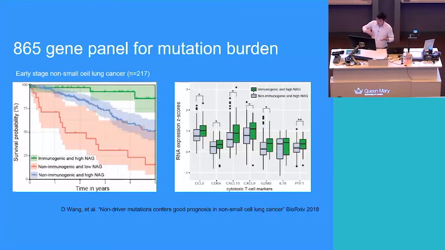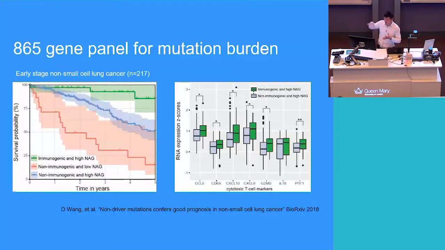And the rationale for this, we think, is that the high number of mutations may be generating more immunogenic peptides that may activate the immune system to attack the tumor. And then we can see from the RNA-seq data that the group with the high number of alterations have higher expression of cytotoxic T cell markers.